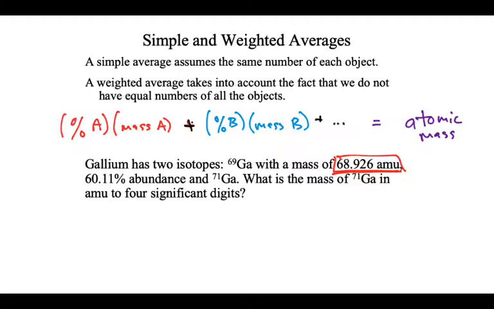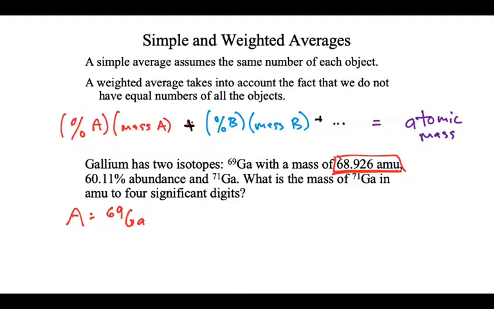So if you define A to be gallium-69, then that mass value that was just given is the mass of A. If you define A to be gallium-71, do you have the mass of A?